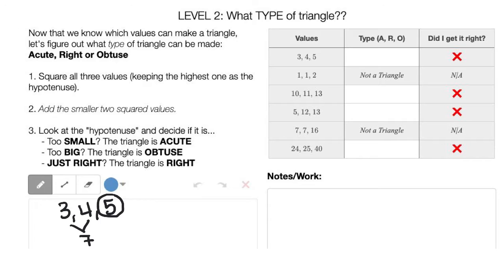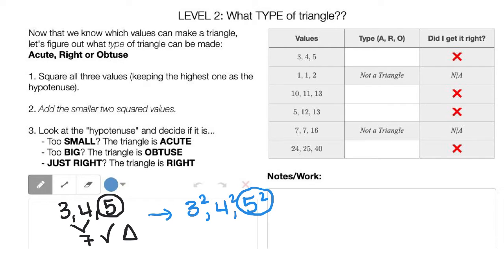We added the others. And we said it was a triangle because 7 was bigger than 5. Okay, level 2, we're going to take those same numbers, but we're going to add squares. So level 2 adds the little 2's. Think of it that way.